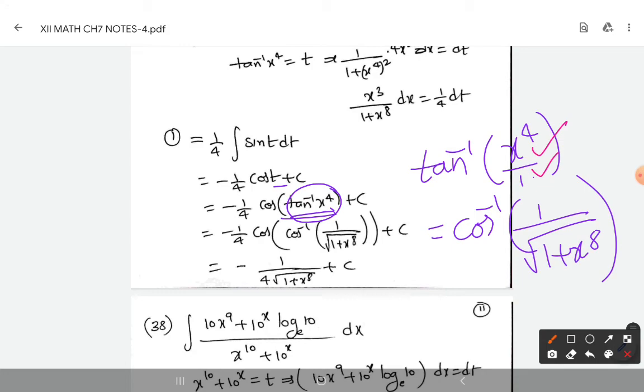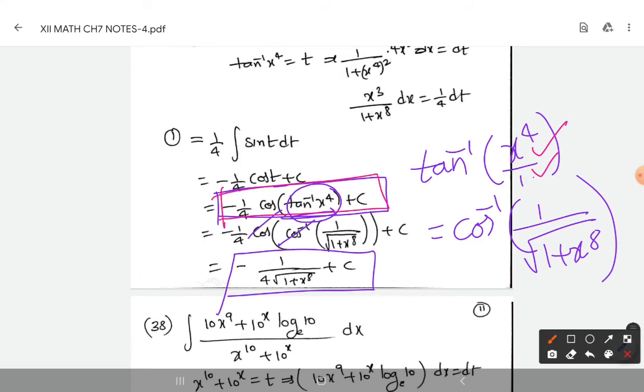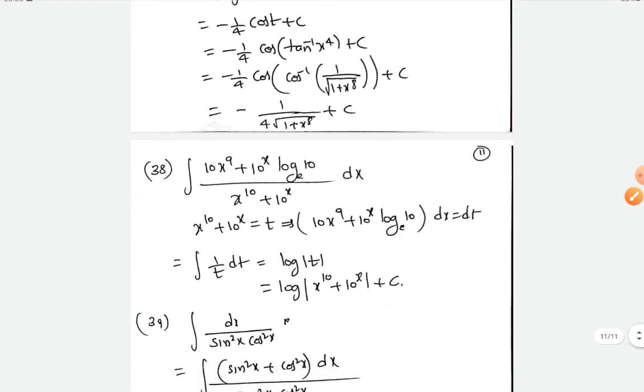You can do it by a right angle triangle. Then cos inverse and cos can cancel, and finally a simplified answer we can write here. You can leave the answer up to here if they are not asking you to prove the question. Otherwise, if they are asking you to prove this as the answer, you should do simplification, right? 38th question.